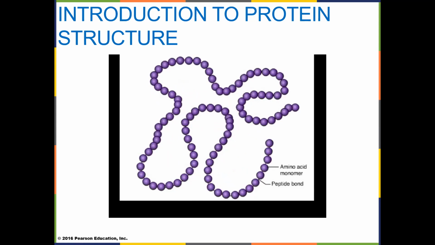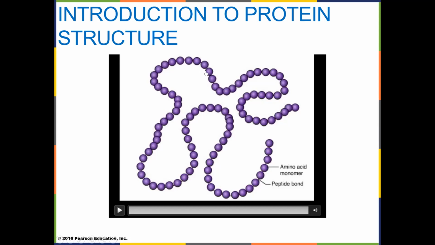So what you're seeing here is the primary structure, just a chain. These amino acid monomers linked together with peptide bonds, and they're all held together here. And this is a straight chain.